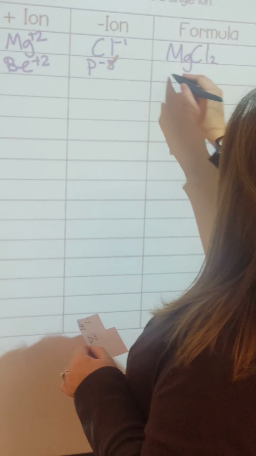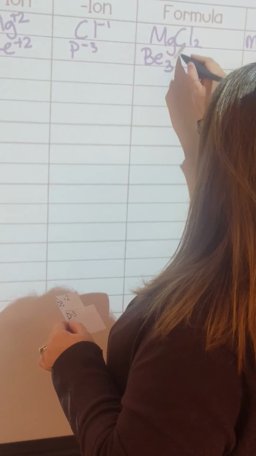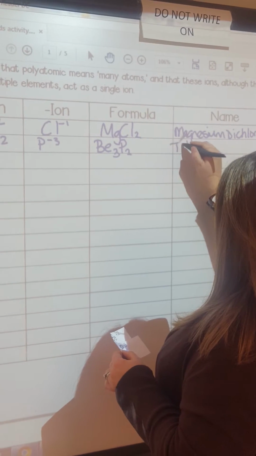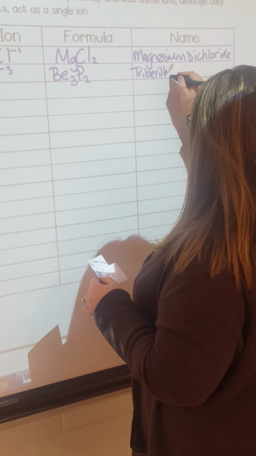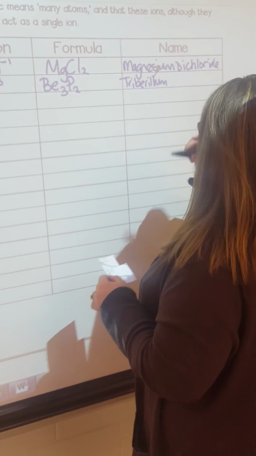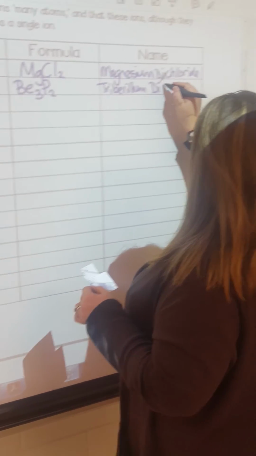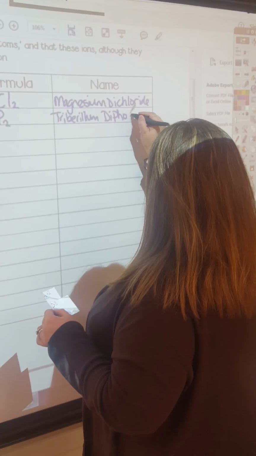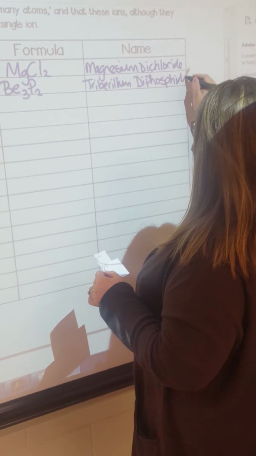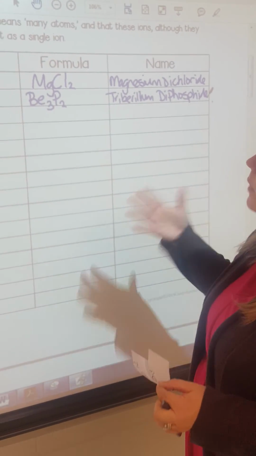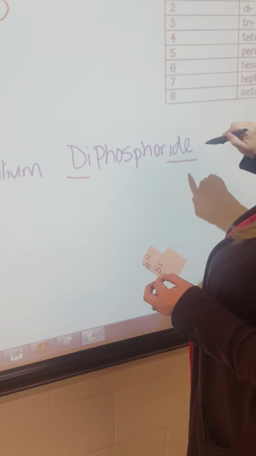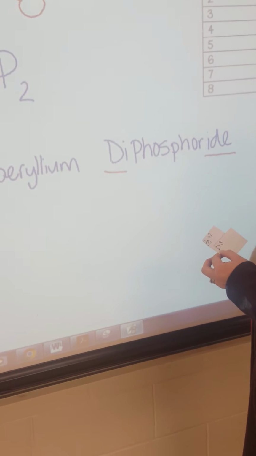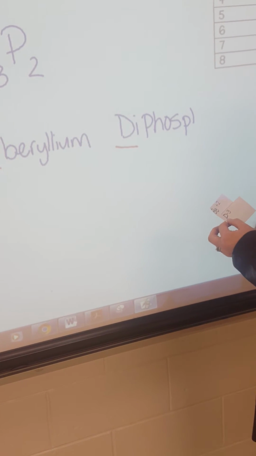My formula for this is Be3P2, and my name is triberyllium diphosphide. And that's it. Hopefully this helped you to name. This should be phosphide.